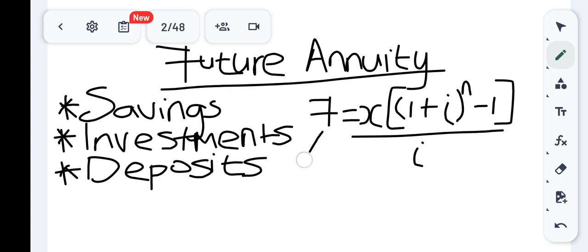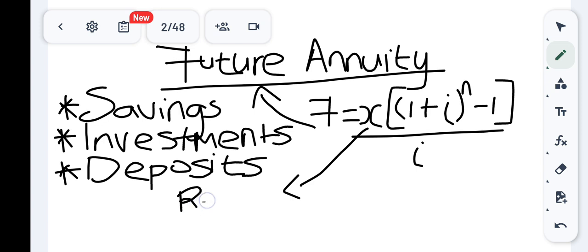So what is F? F is your future annuity. And what is X? Remember, here you are doing regular payments, depositing in your savings account regularly. So X in this case is the regular payment.